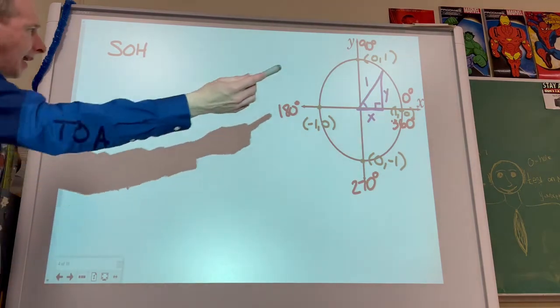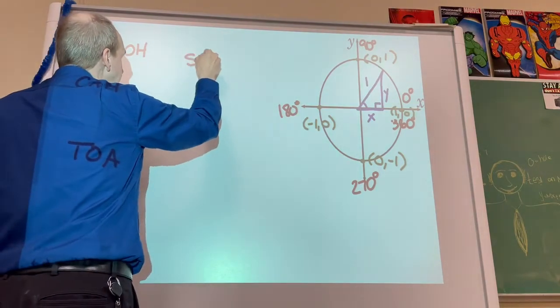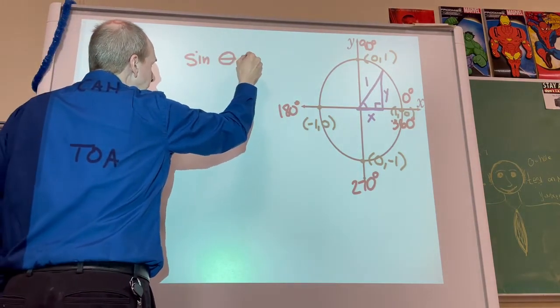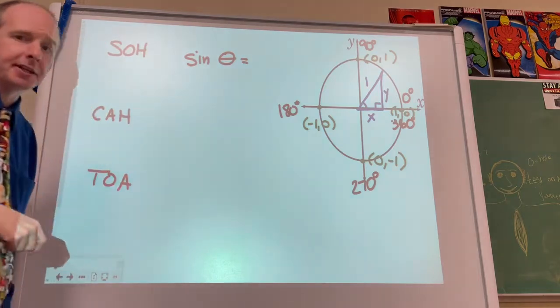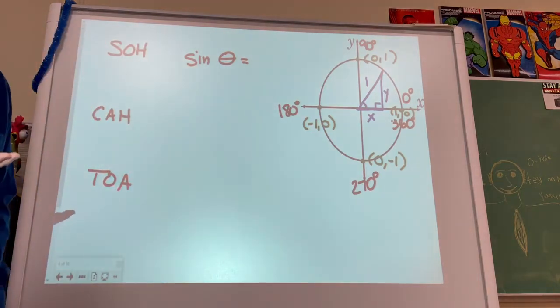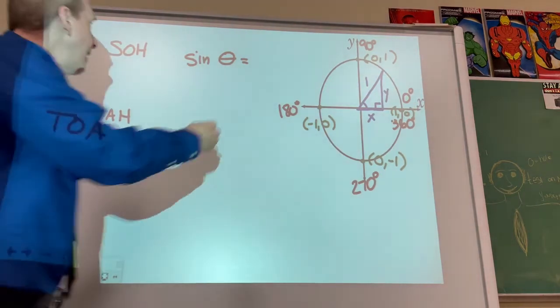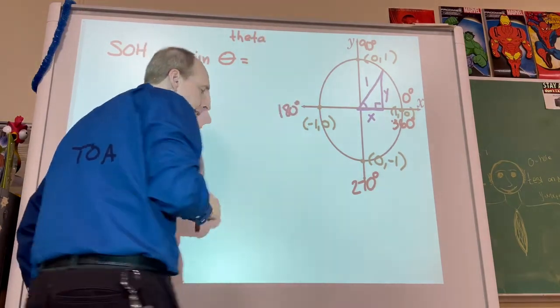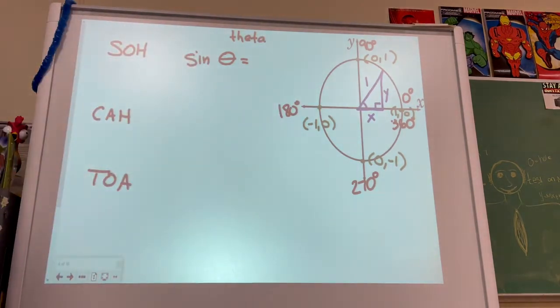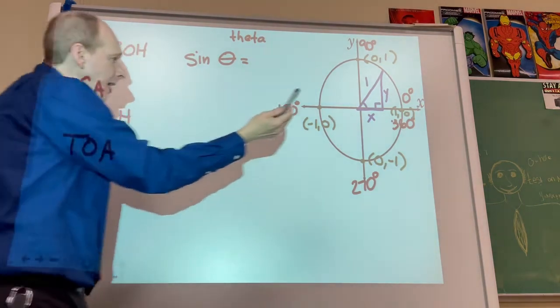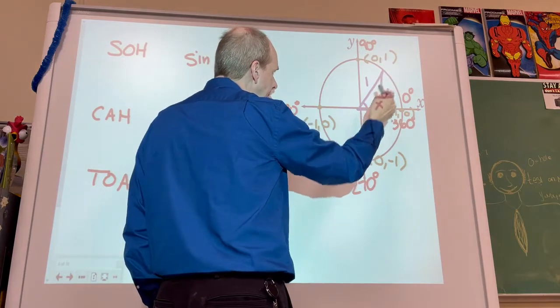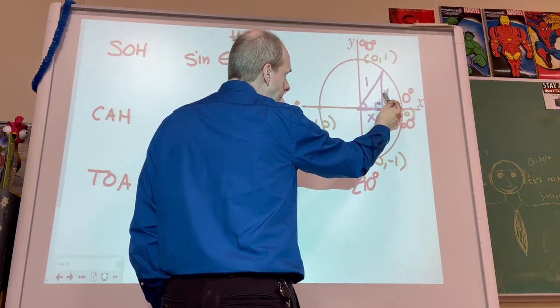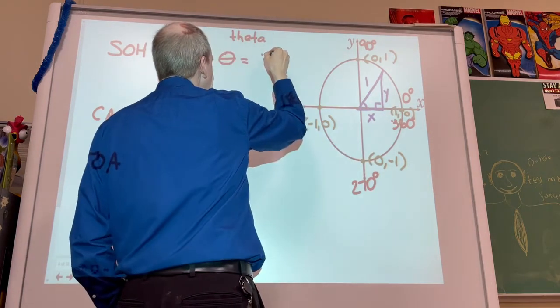So if I have some angle theta, and I want the sine of angle theta, that's the symbol for theta. It looks like a 0 wearing a belt. That's our Greek symbol, theta. T-H-E-T-A, theta. Well, sine is opposite over hypotenuse. So looking at our triangle, opposite would be y, hypotenuse is 1.